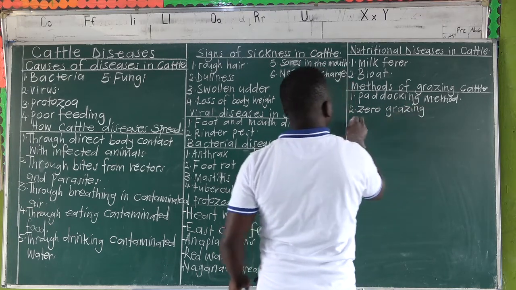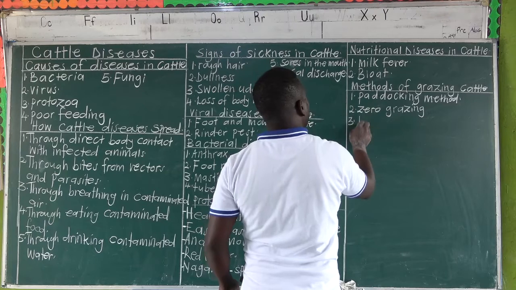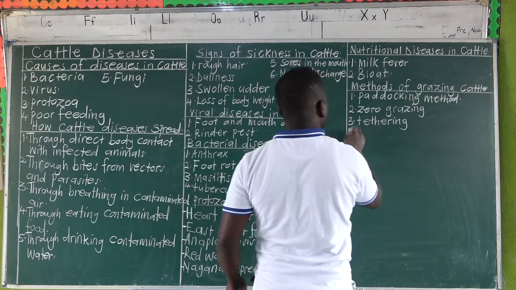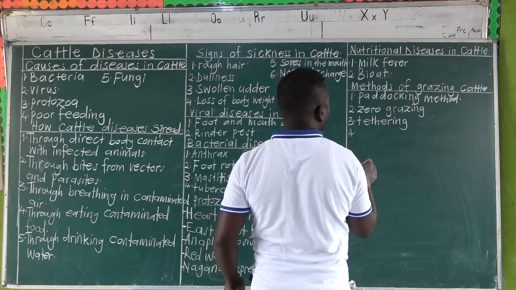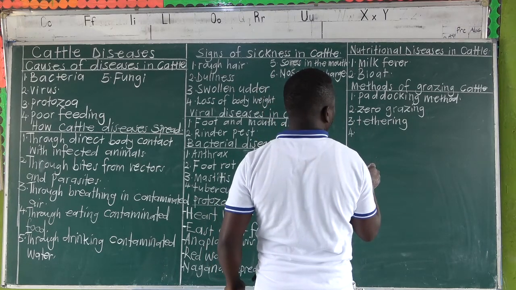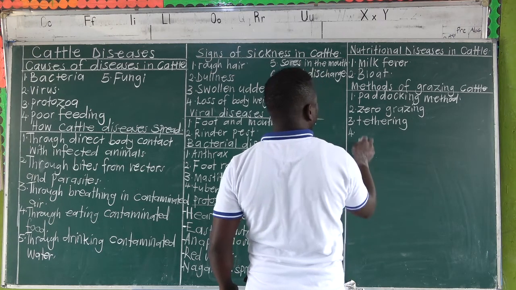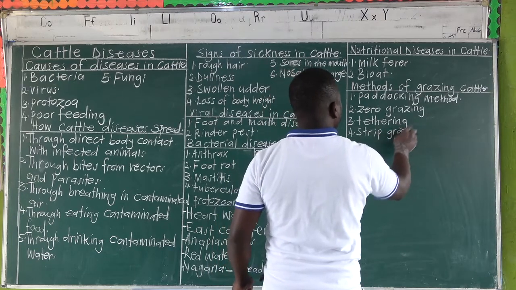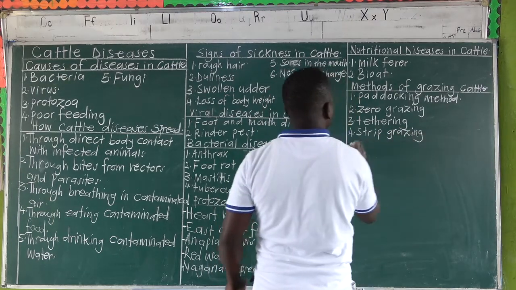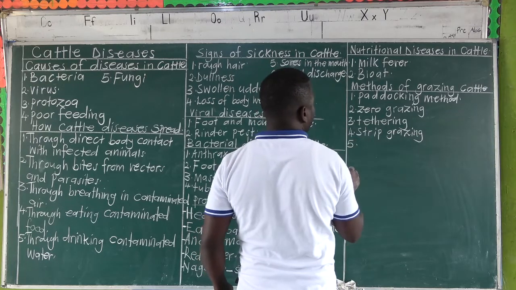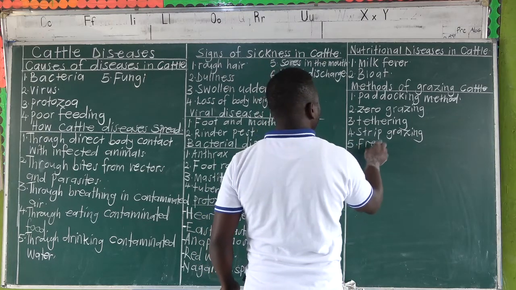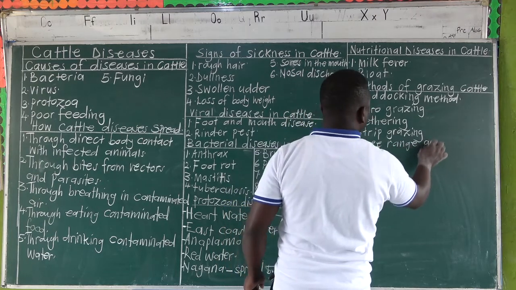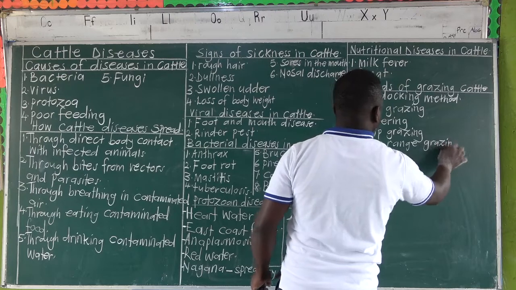Number three, we have tethering. Number four, we have strip grazing. Then lastly, number five, we have free range grazing.